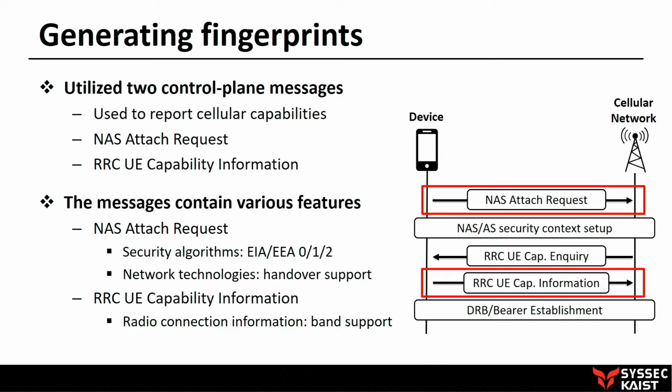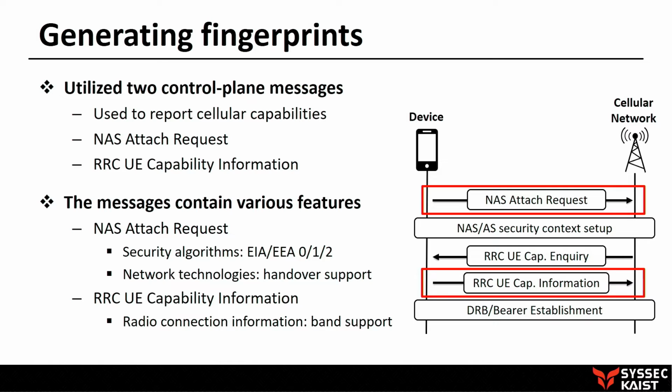NAS attach requests contain various features such as support of various security algorithms and support of some network technologies like handover. RRC UE capability information contains features about the radio connection, such as support of specific bands.